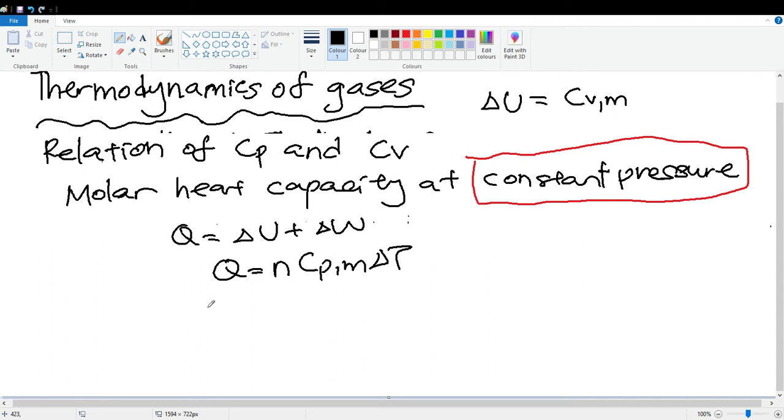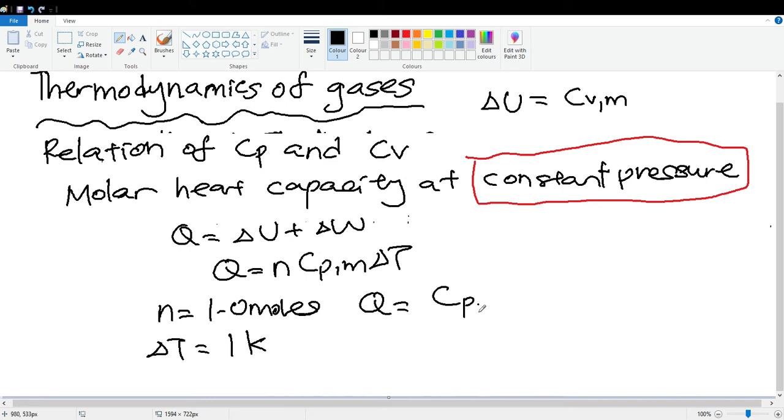According to the definition, it is the heat required to raise the temperature of 1 mole of gas by 1K at constant pressure. So we use the definition as the reference. Our Q is equal to the molar heat capacity of 1 mole of gas at constant pressure, so Q is equal to Cpm.